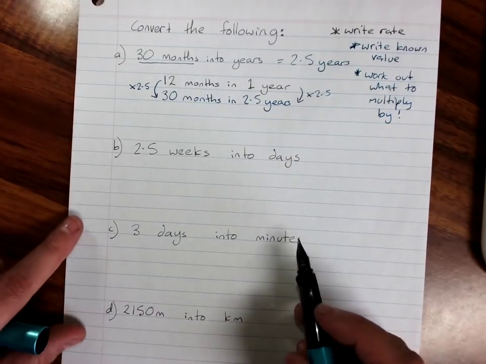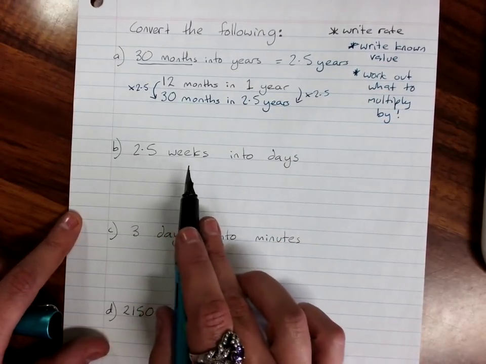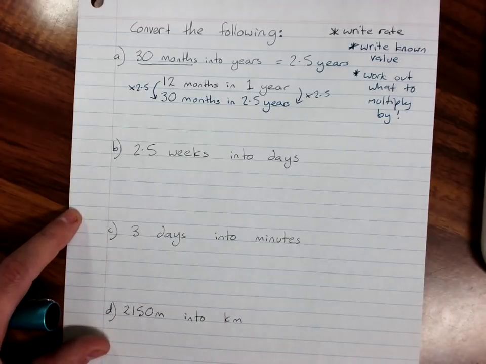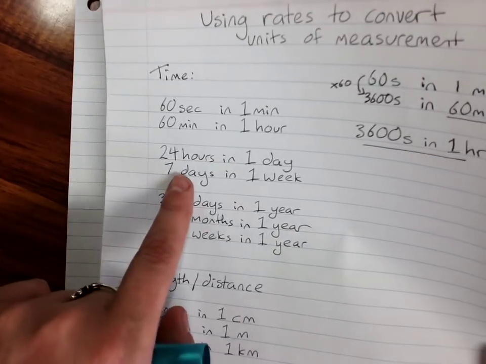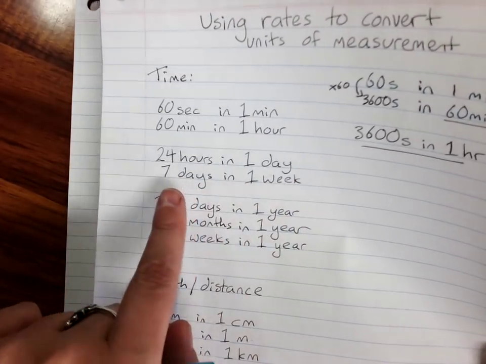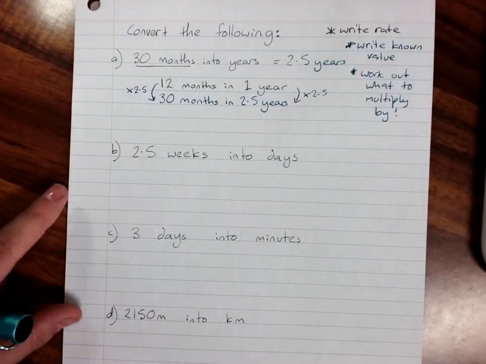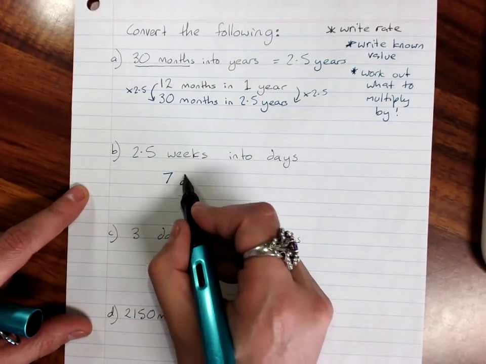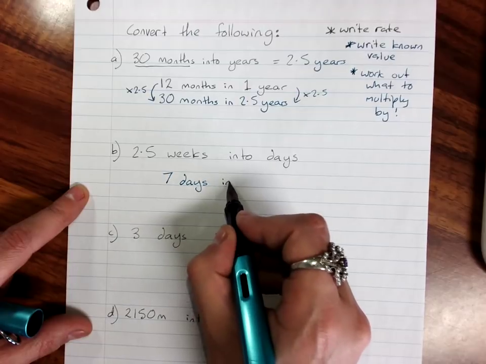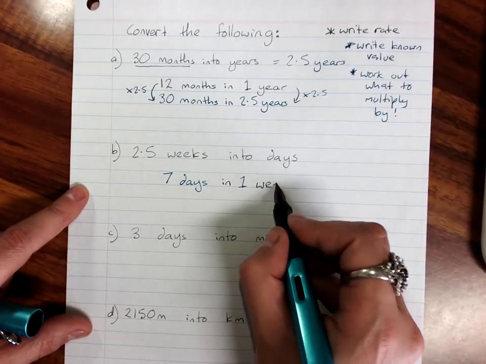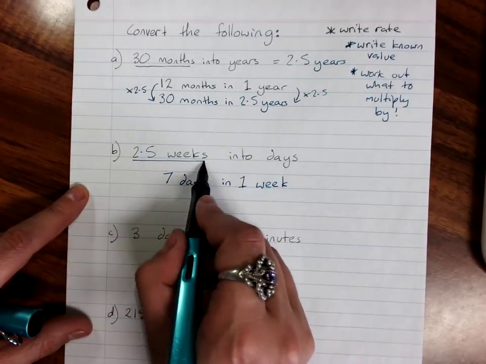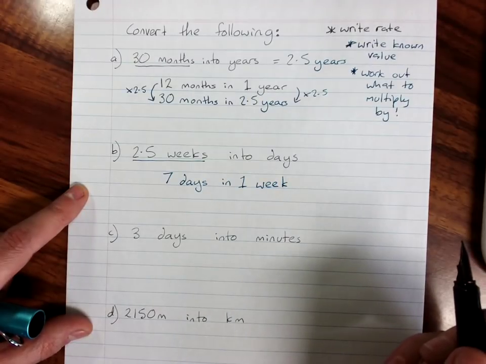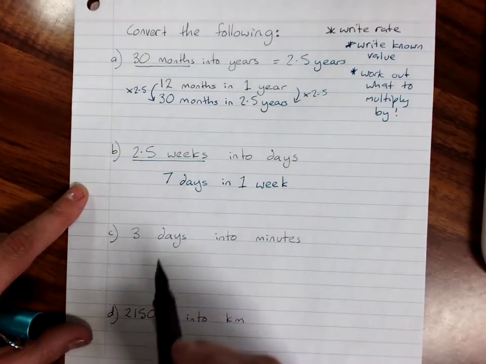Alright, we'll try this one. 2.5 weeks into days. Well, if we need to check, we find the relationship between days and weeks. 7 days in 1 week. And we write that. Then we put in this here that we need.